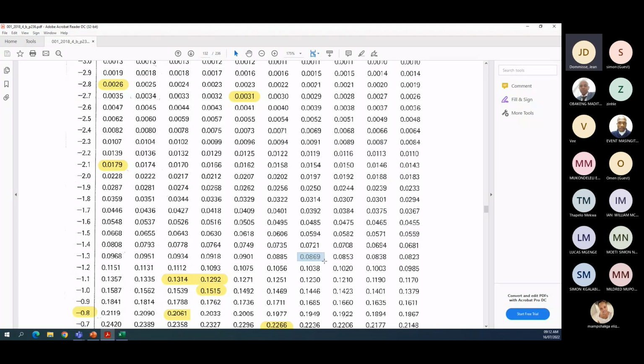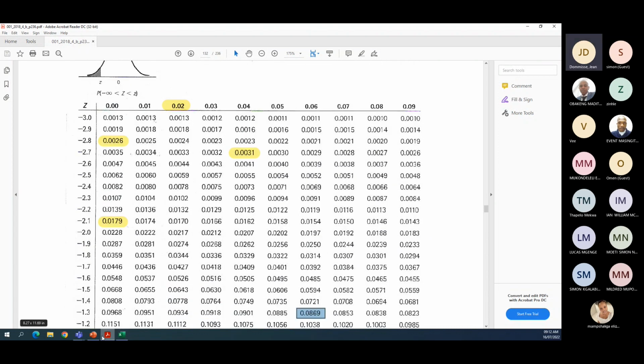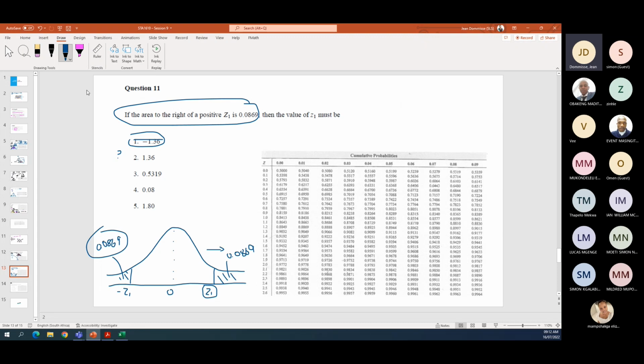Okay, so there is my probability, minus 1.36. If it was on the negative side, it would have been minus 1.36. Okay, we're looking for the positive.